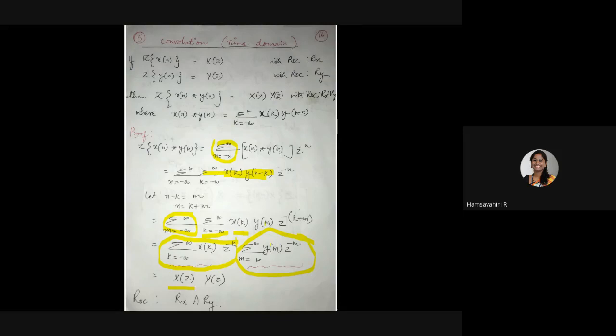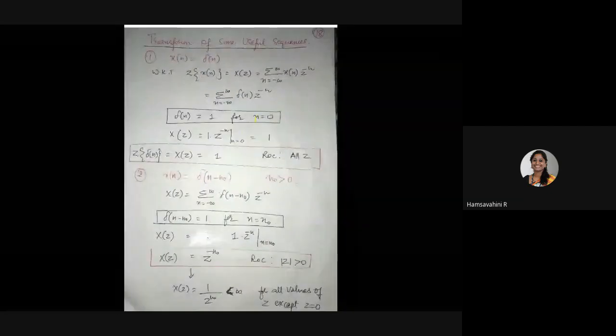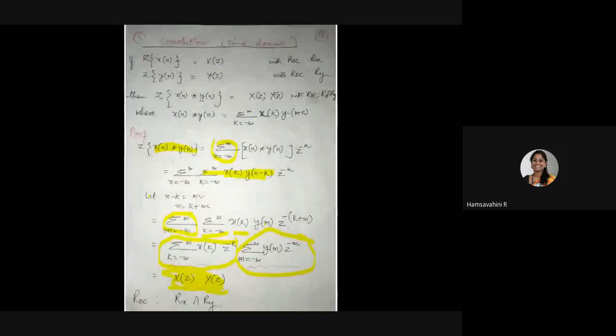Similarly, in place of n I have m, so this is the z transform of the signal y of m. So what we can conclude is convolution in time domain is nothing but multiplication of the z transforms in z domain, and the ROC is the intersection of Rx and Ry.